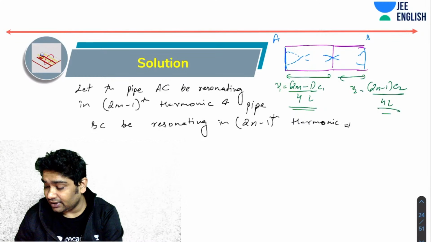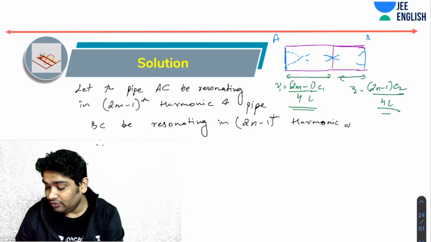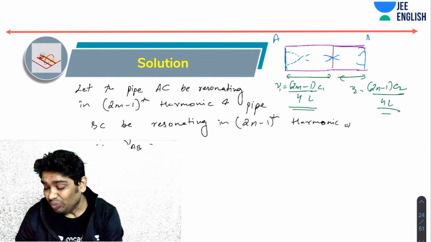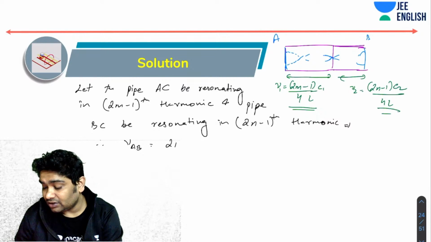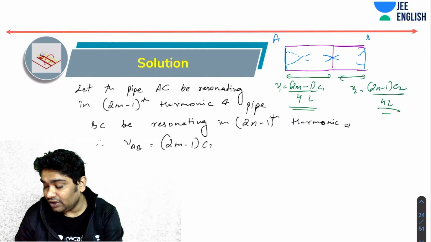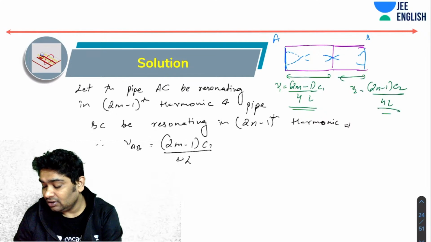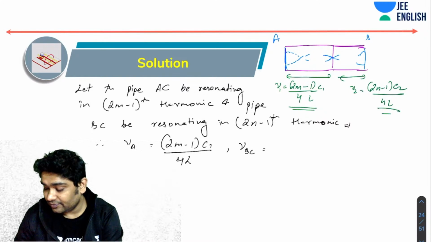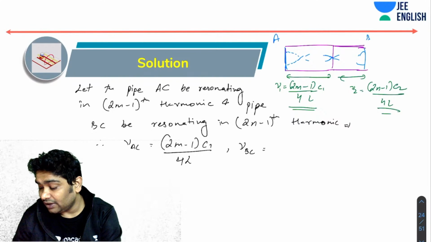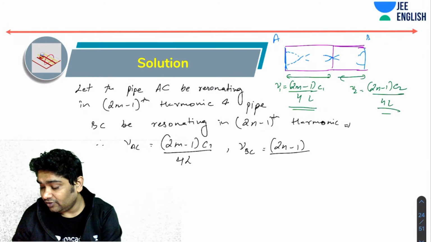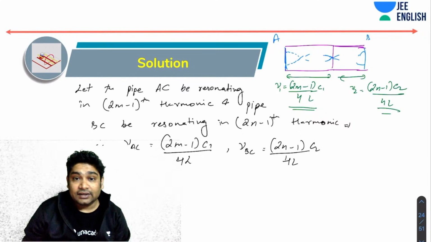Therefore, the frequency for part AC would be equal to (2m minus 1) C1 over 4L, and the frequency of BC would be (2n minus 1) C2 over 4L. Correct. And these two have to be equal.